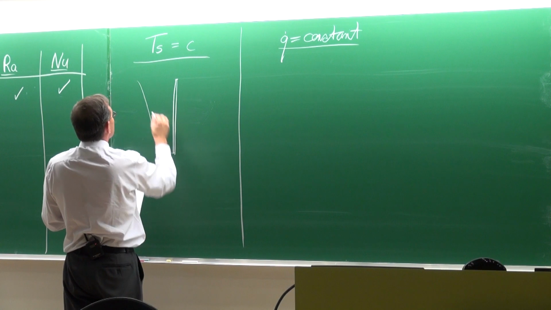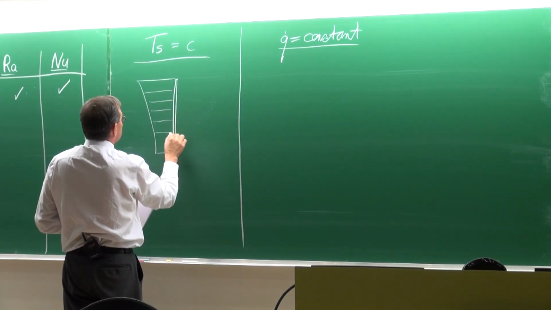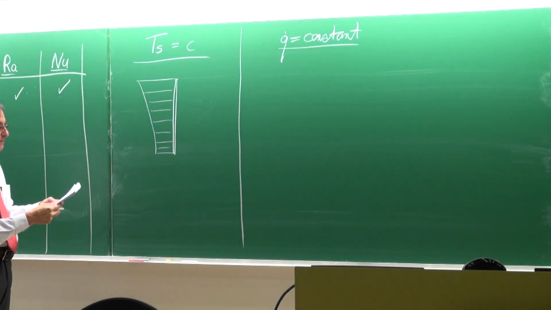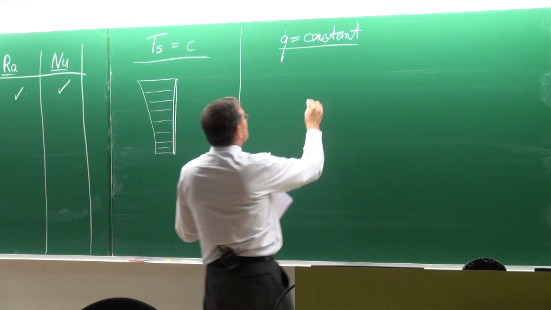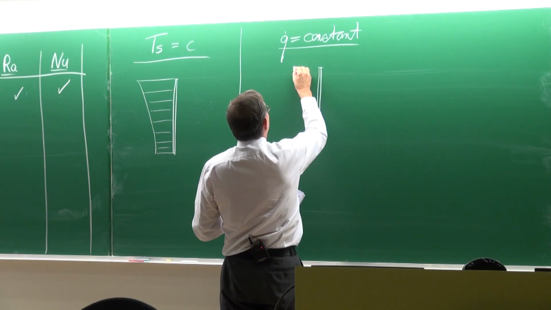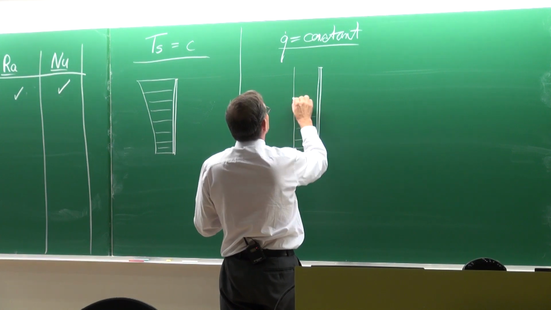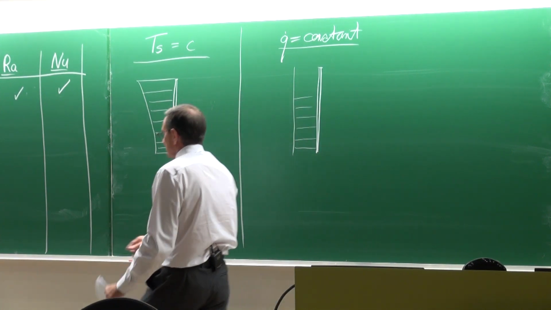Now, the result of that is if we typically have a geometry like a flat plate, the temperature distribution will do something like this. So that distance there is an indication of the temperature. So that's for a constant heat flux, while this one would be something like that. Oh, no, sorry. It's the other way around.